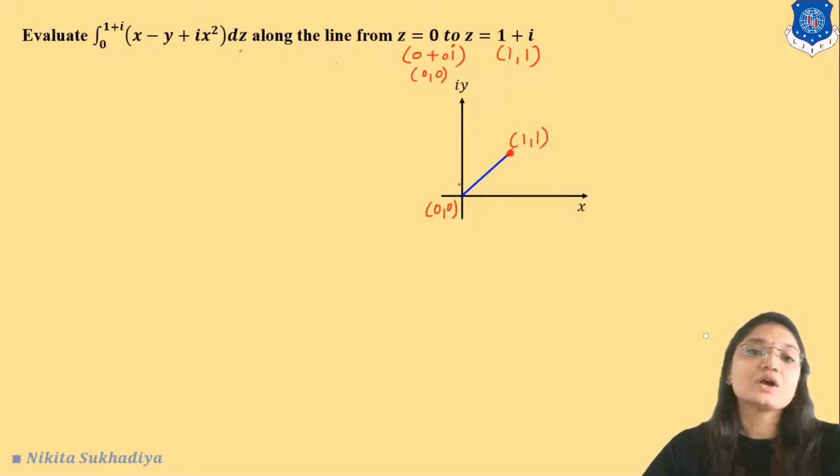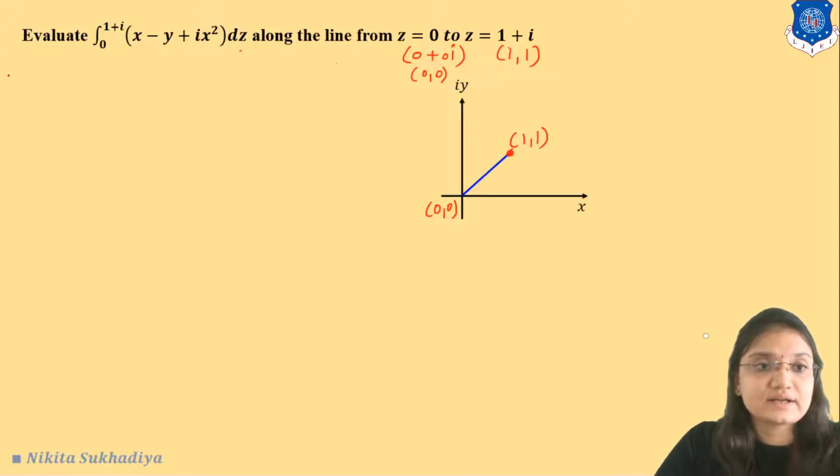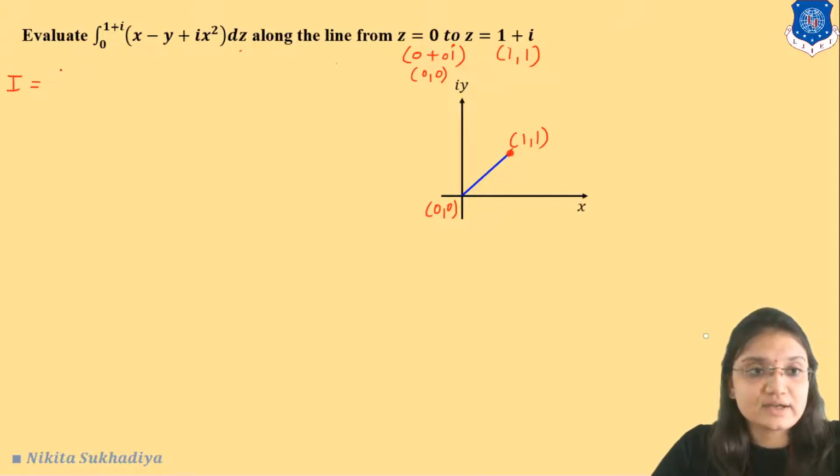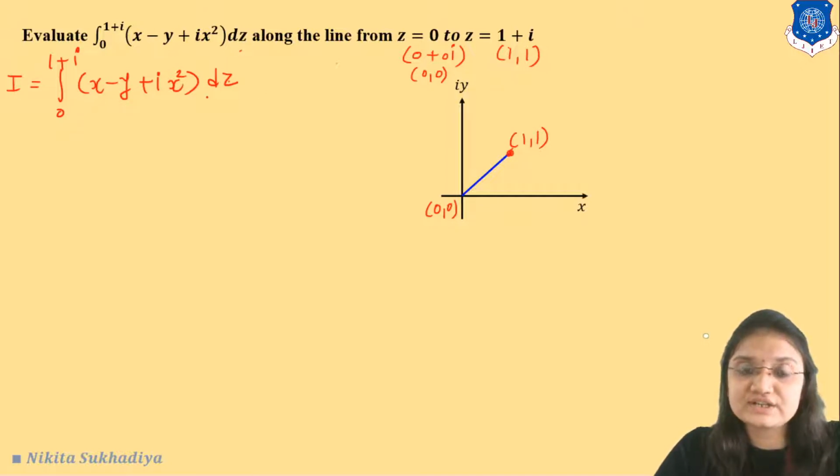Now you can clearly see the integral with limit from 0 to 1 plus i of (x minus y plus ix squared) dz. So this is the limit of z. But you cannot solve this integration with respect to z because the function is in the form of x and y. So you cannot solve a function of x and y with respect to z.